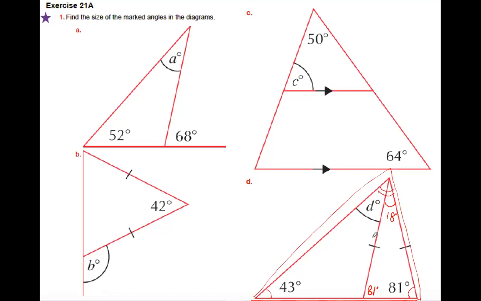So 180 take away 43 plus 81. So that big angle there is 56. I think we've already got 18 degrees of that. And then to find D, you just say that D is 56 minus 18, and you've got your answer.